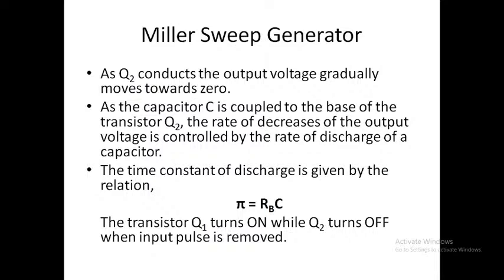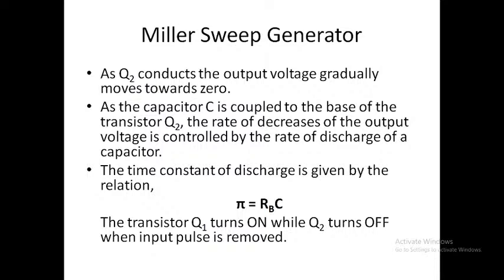Now suppose the input pulse is removed from the input of Q1. Then Q1 starts conducting, that is Q1 turns on and again Q2 turns off.